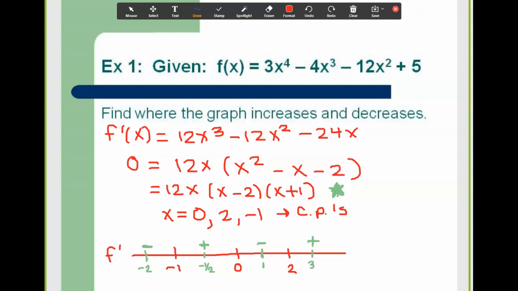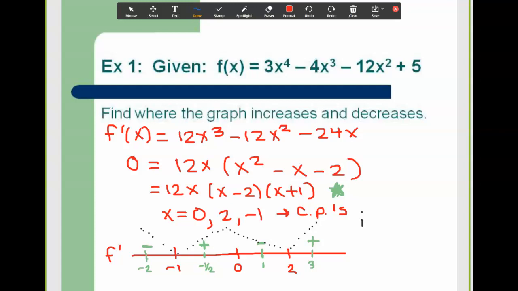So what that means is if the derivative goes negative, positive, negative, positive, the original function is decreasing, increasing, decreasing, increasing. So it says find where the graph increases and decreases.